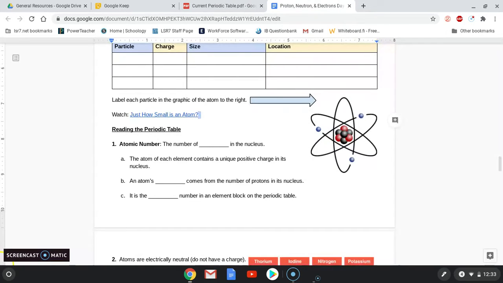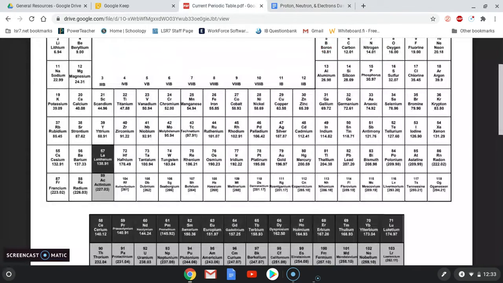It says the atom of each element contains a unique positive charge in the nucleus. In the previous notes, we learned that protons were plus ones. So if we look at nickel, it has 28 plus ones, so it has a positive 28 in its nucleus. If you look, copper's 29, cobalt's 27. Nothing else is 28.